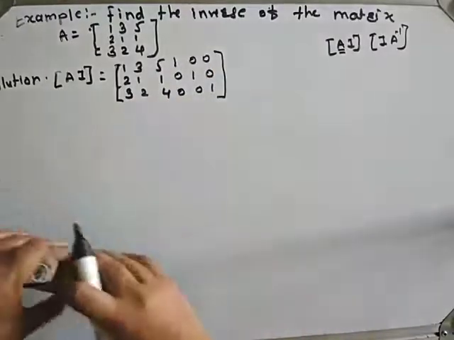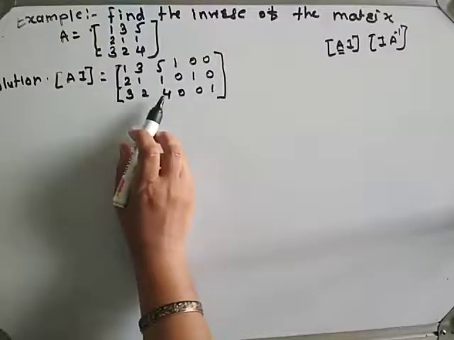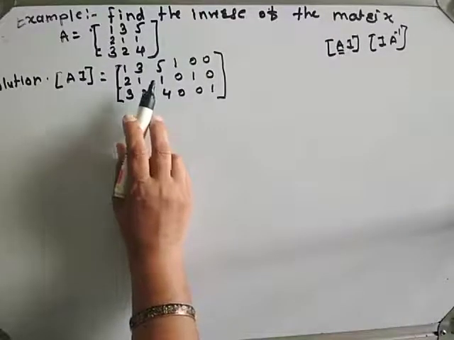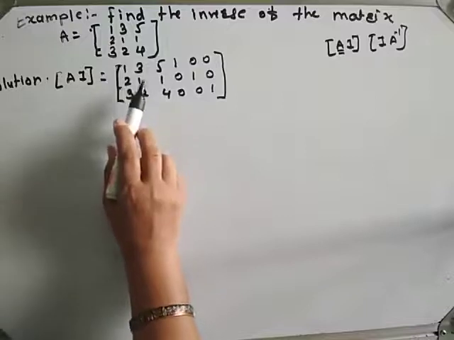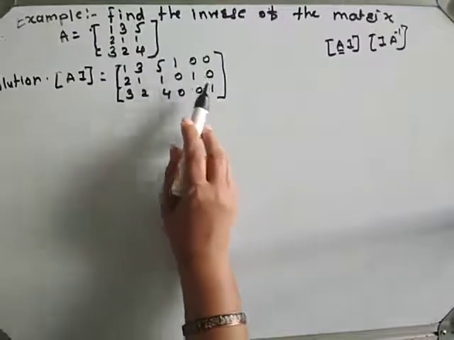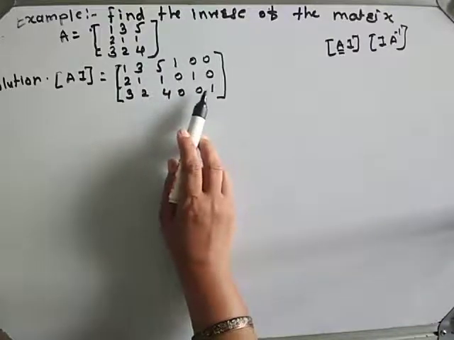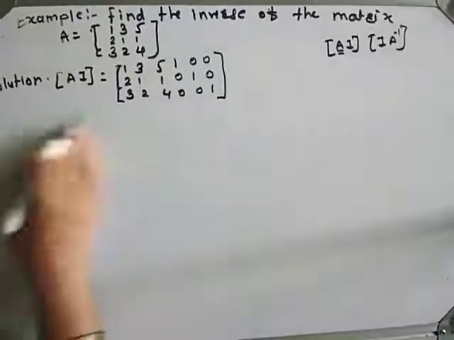Now we have to perform row operations that produce this A as the identity matrix, and the operations on this matrix will give us A inverse.